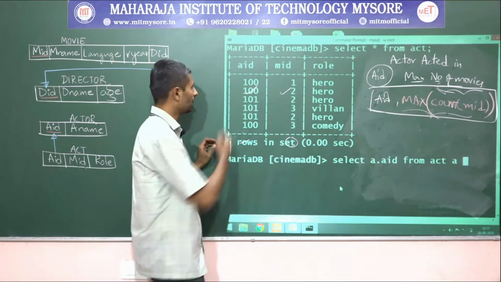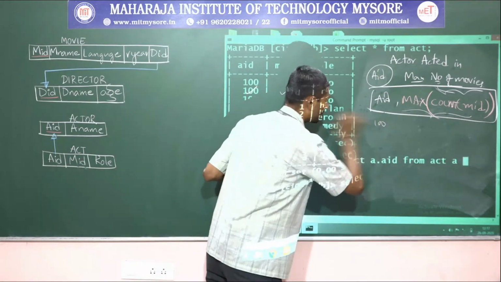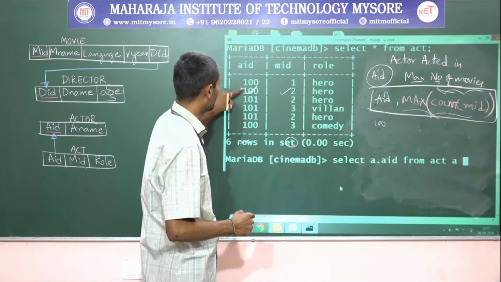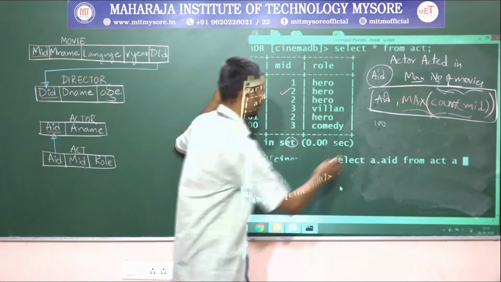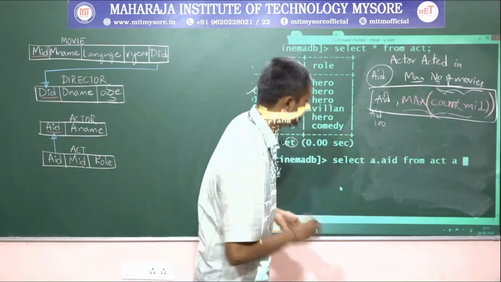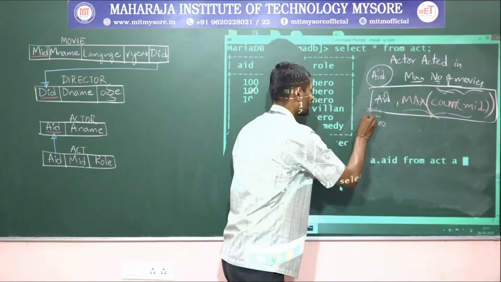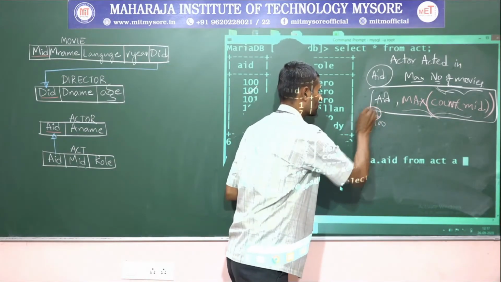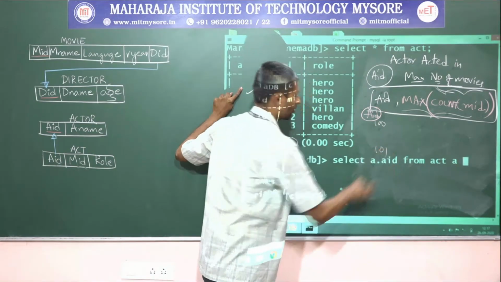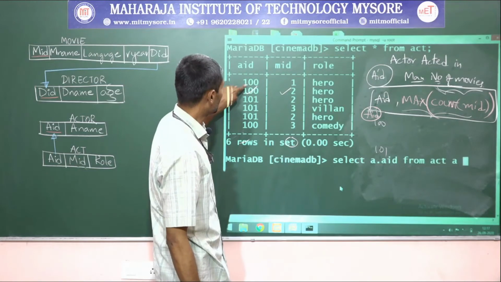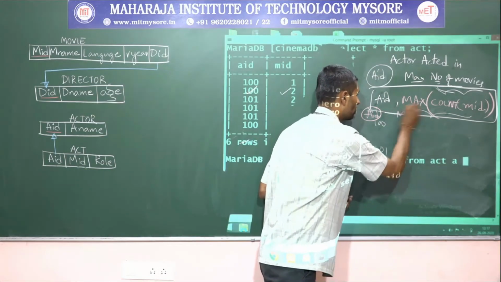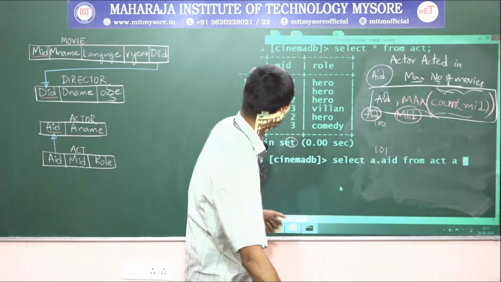Actor ID. First, let me write the mathematical model of this solution. 100 acted in how many movies? 100 is an actor ID, right? What are all the actor IDs we have? 100 and 101. Connected with how many movie IDs? Let me display the movie IDs here.